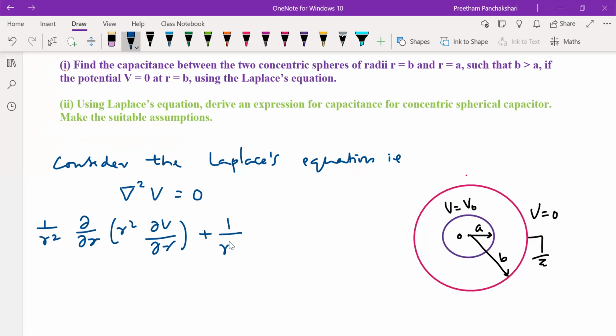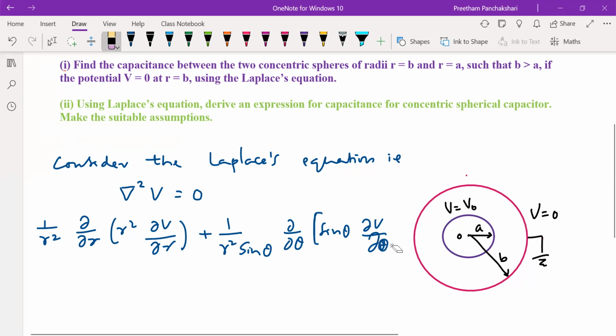Second one is 1 by r square sine theta dou by dou theta of sine theta into dou V by dou theta.